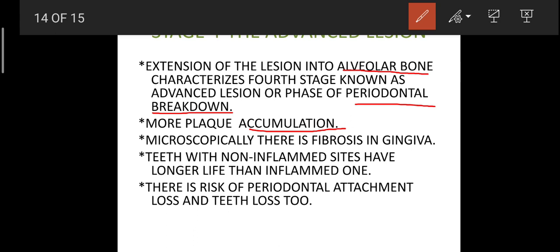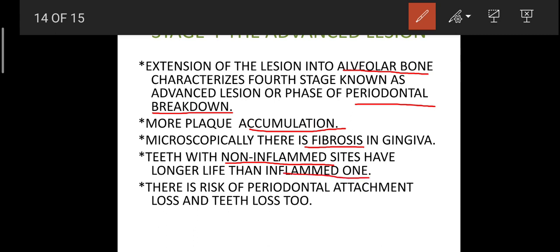That's why the condition is worsened. Microscopically, there is fibrosis in gingiva. Teeth with non-inflamed sites have longer life than the inflamed ones. The teeth which have non-inflamed sites can stay for a longer time in respect to the inflamed ones.